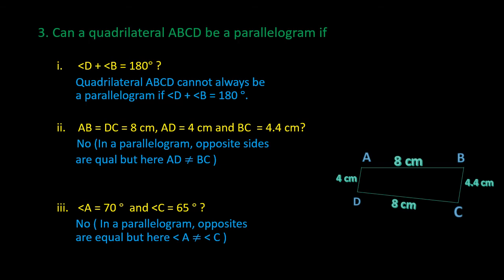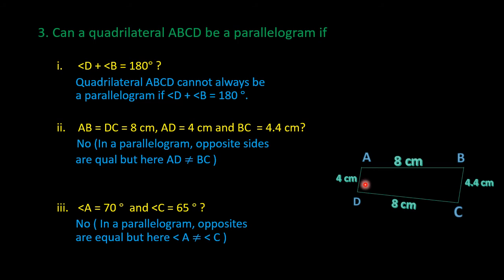Question number 2. AB is equal to CD equal to 8 centimeter. AD equal to 4 centimeter and BC equal to 4.4 centimeter. Then that quadrilateral, can it be a parallelogram? And see this figure. In this figure, given AB 8 centimeter, CD 8 centimeter, opposite sides equal, and the sides BC 4.4 centimeter and AD 4 centimeter, they are not equal.